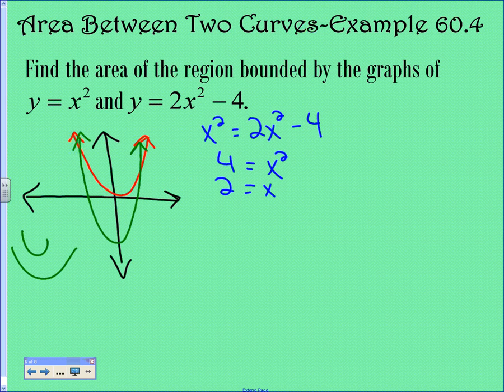Why is it plus or minus? When you took the square root. Do we need both of those? Why do we need both? Because you have two endpoints. They're both endpoints. So your area, you're going to use those endpoints, -2 to 2.